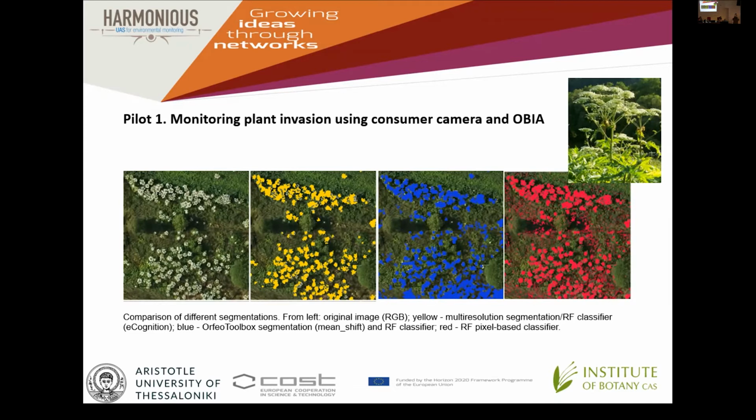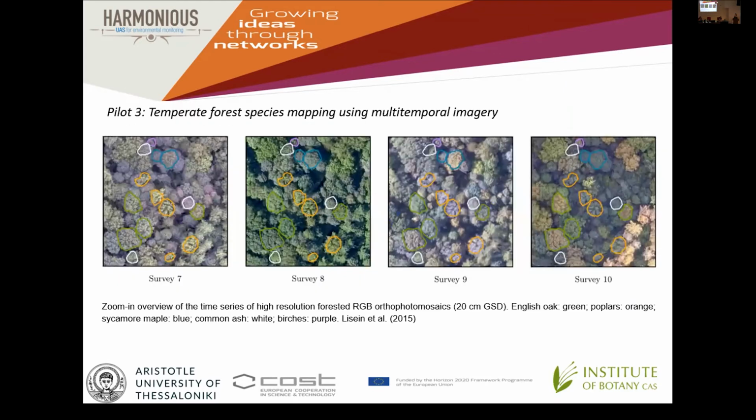This is an example for the giant hawkweed species. Then, for pilot 3, we used a study that was published by Lisein in 2015, where all the data are available for the reader to download. This was multi-temporal imagery used for mapping species composition in temperate forests.